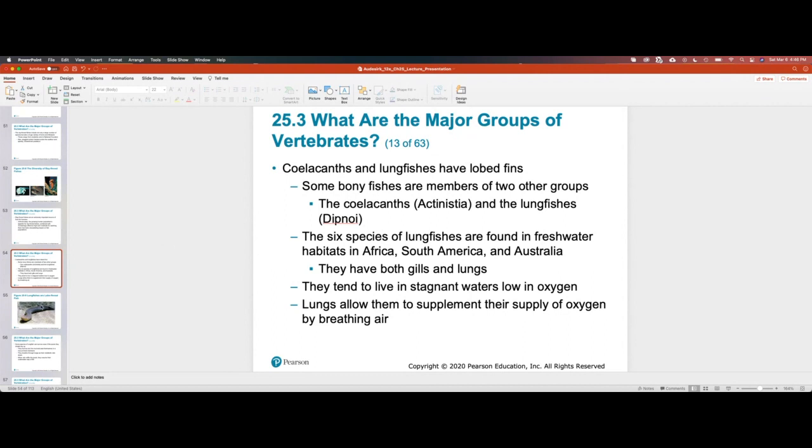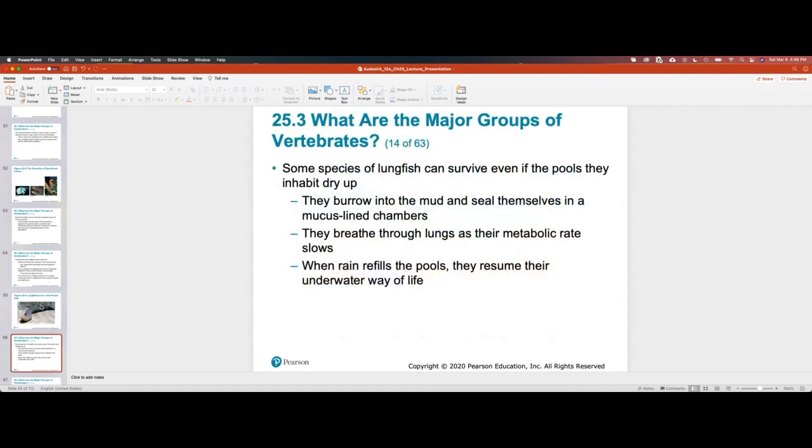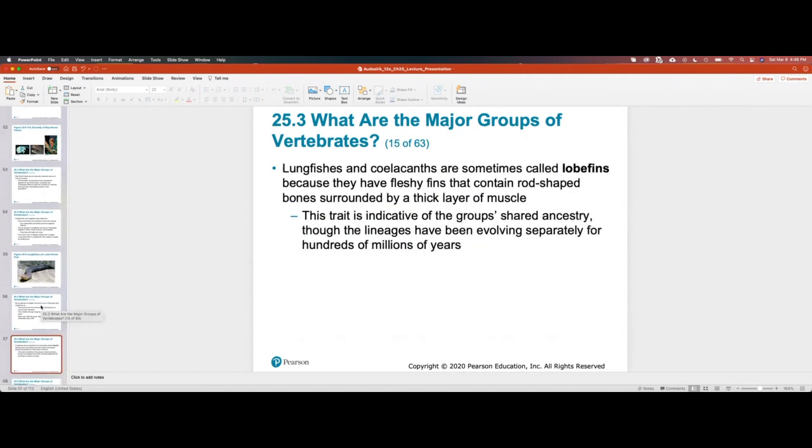That lung is an adaptation for their environment, which typically is low in oxygen. They're called lobe fins because they are fleshy fins that contain rod-shaped bones surrounded by a thick layer of muscle.